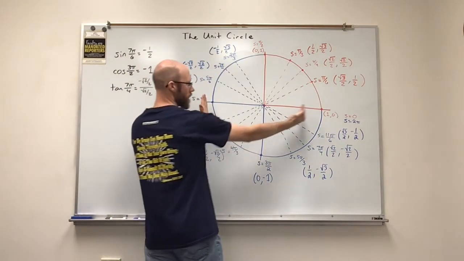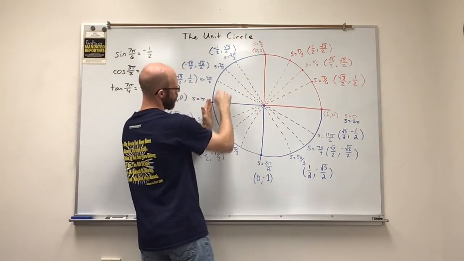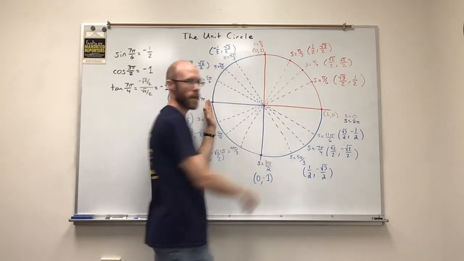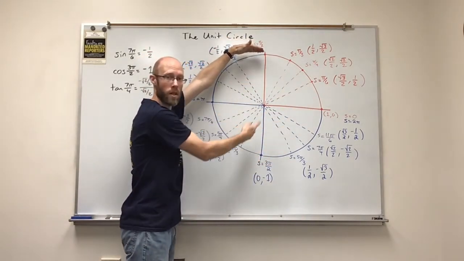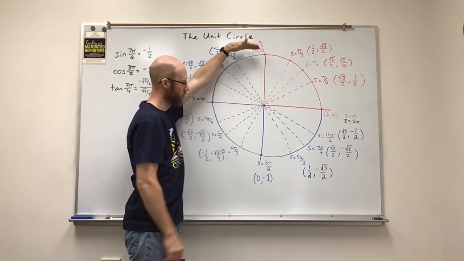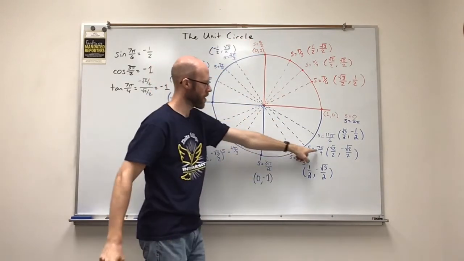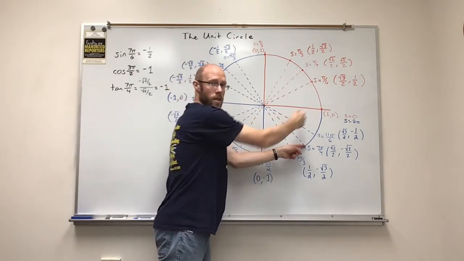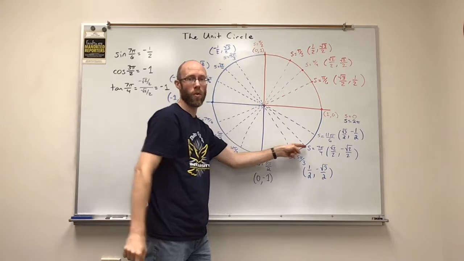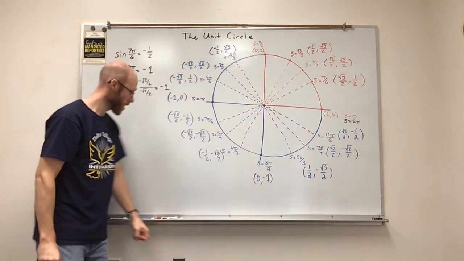If you just focus on the x axis here, all the points in the circle are between -1 and 1, and all the points in the y direction are between -1 and 1 as well. So the point at 7 pi over 4 is somewhere between -1 and 1 in the x direction and somewhere between -1 and 1 in the y direction. All of the points are.